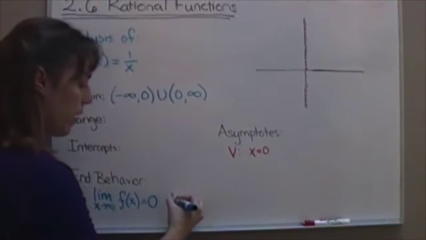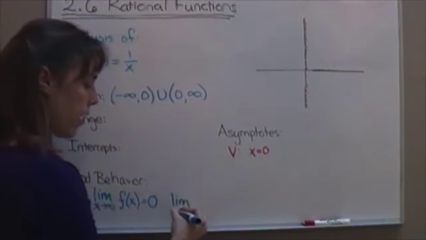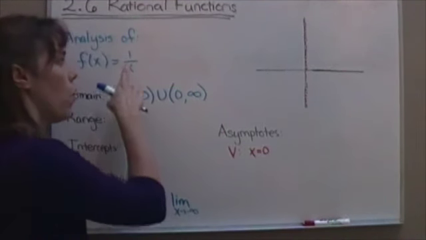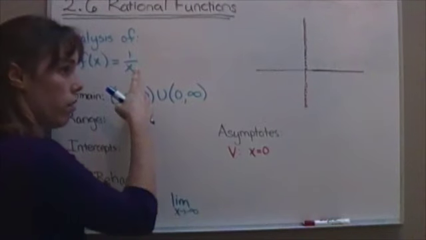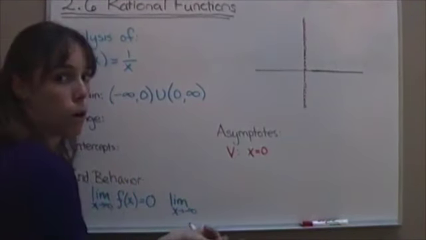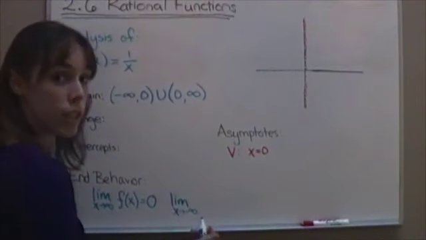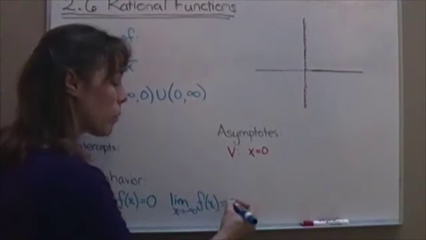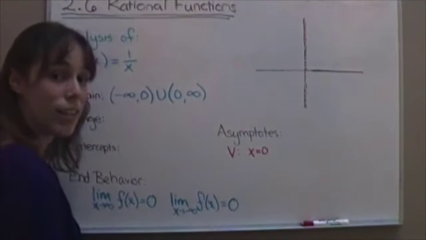And as I plug in x values that are approaching negative infinity, let's see, 1 over negative 100. That's pretty small. 1 over negative 1,000, that's even smaller. 1 over negative 1,000,000, this is getting silly. Okay, my y values are still approaching 0, but maybe from the other side.